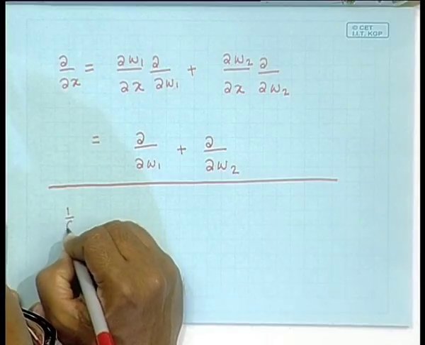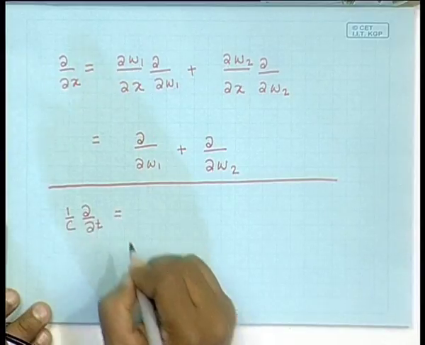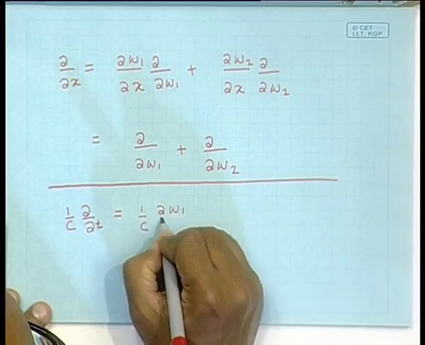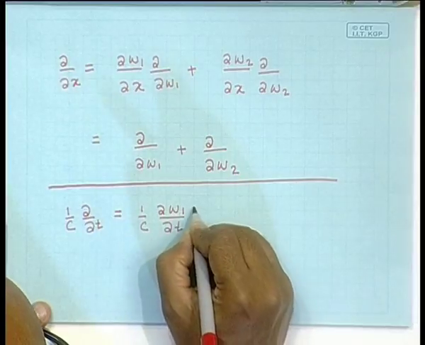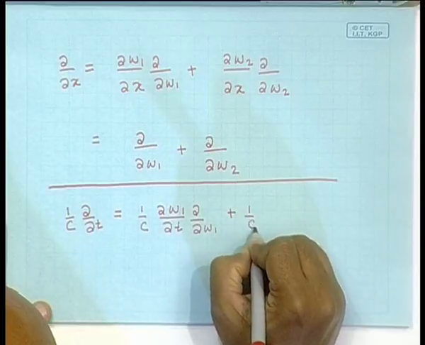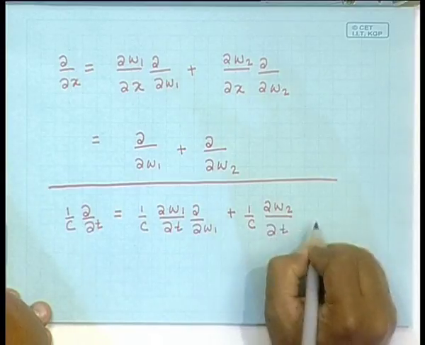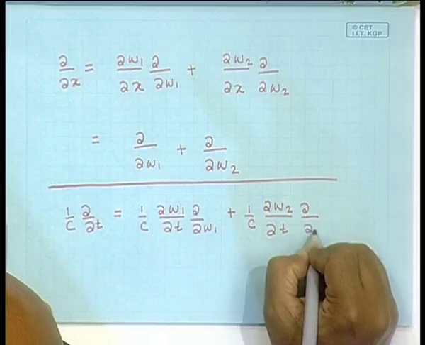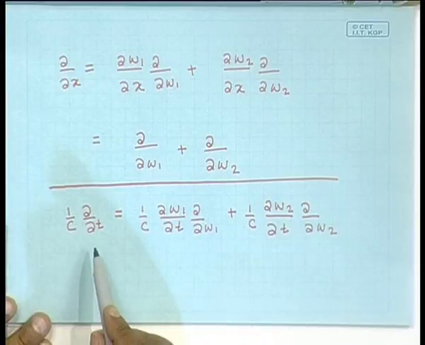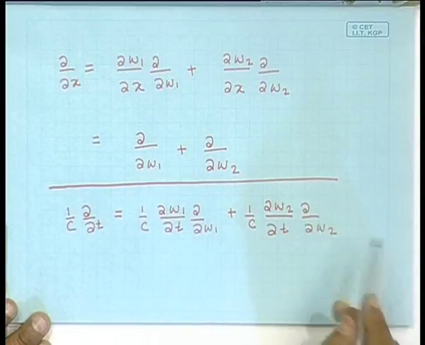So the quantity which is convenient to deal with is 1 by c partial derivative with respect to t. Again we will do the same thing. So I will put a 1 by c here, del w1 by del t times del by del w1, plus 1 by c del w2 by del t times del by del w2. What we are doing is expressing the partial derivative with respect to t in terms of partial derivatives with respect to the new variables w1 and w2.